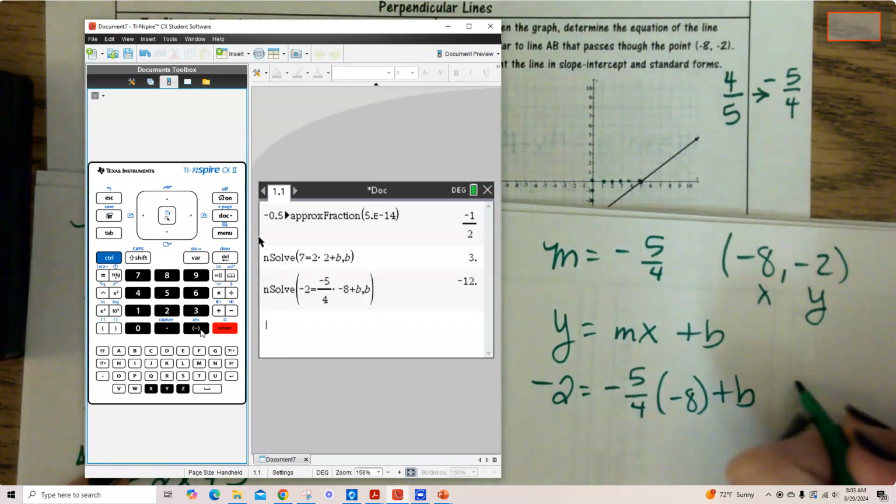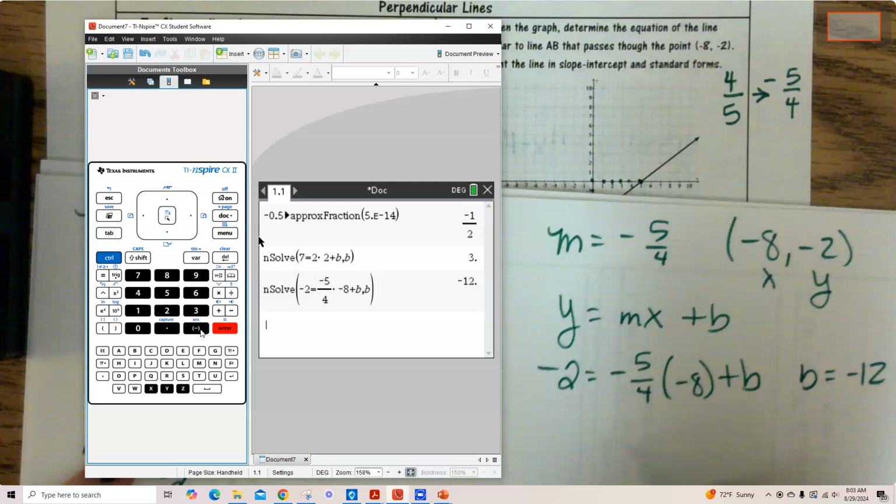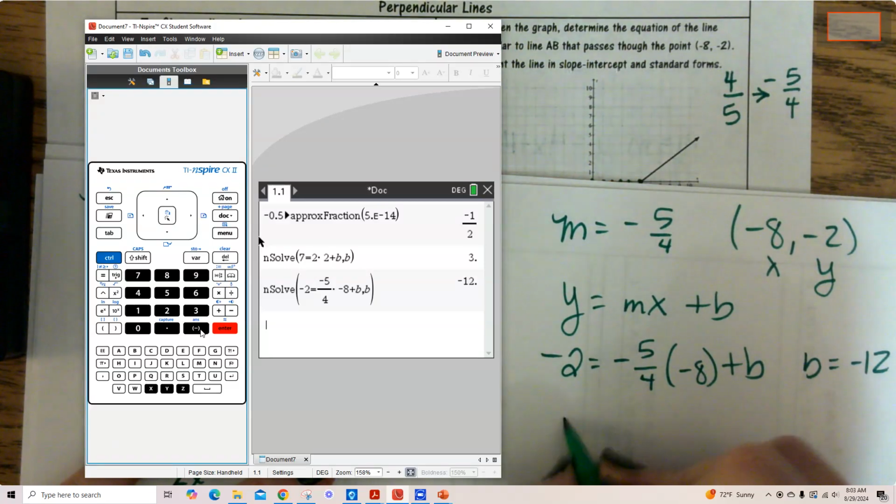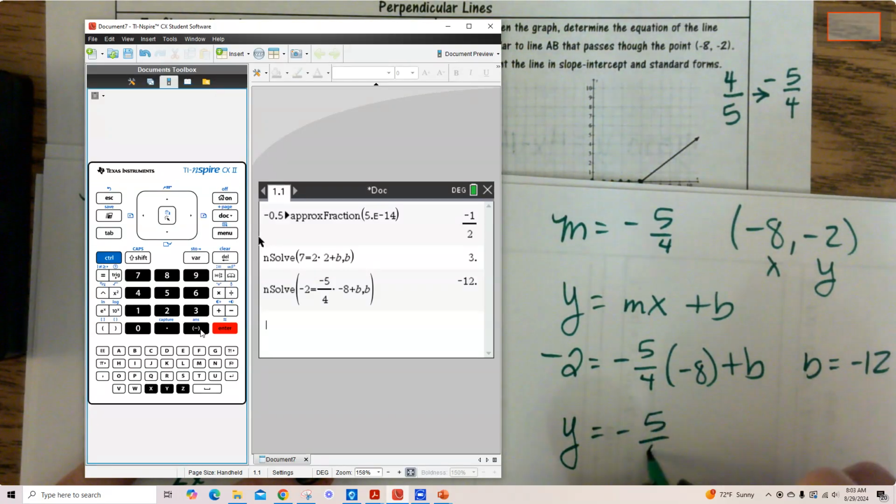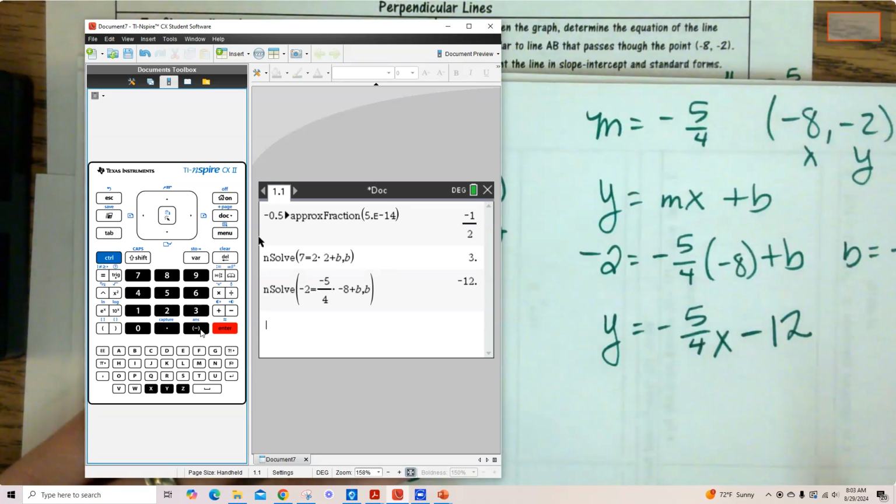So my b value is negative 12. In slope-intercept form, my equation would be y equals negative 5/4 x minus 12.